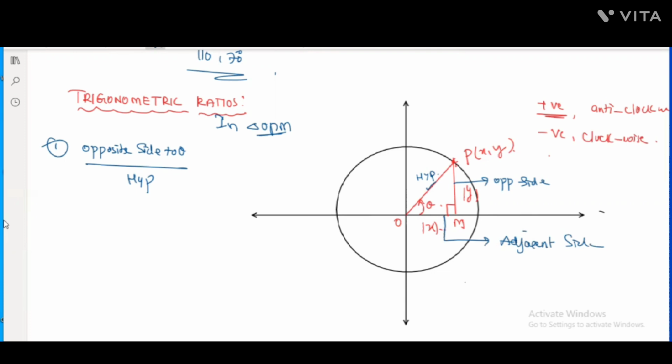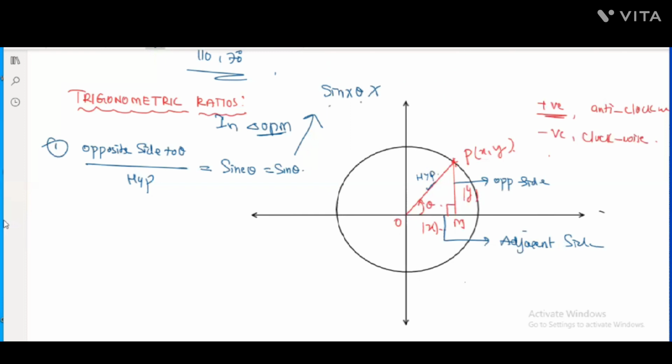So how do we define opposite side to theta by hypotenuse? We give it one name, sin theta. Here sin theta is not the multiplication of sin into theta. That is wrong.